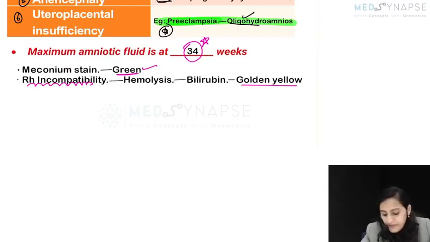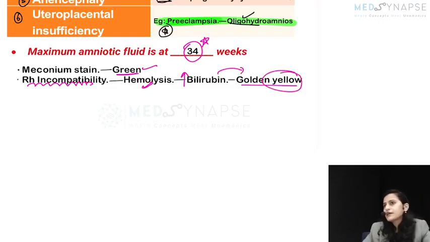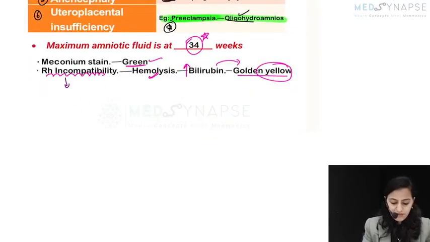Golden yellow. Why? In RH incompatibility, basically there is hemolysis. Whenever hemolysis is there, the bilirubin increases. Bilirubin is going to give the yellow color. RH incompatibility is what hypersensitivity? Type 2, antibody mediated.